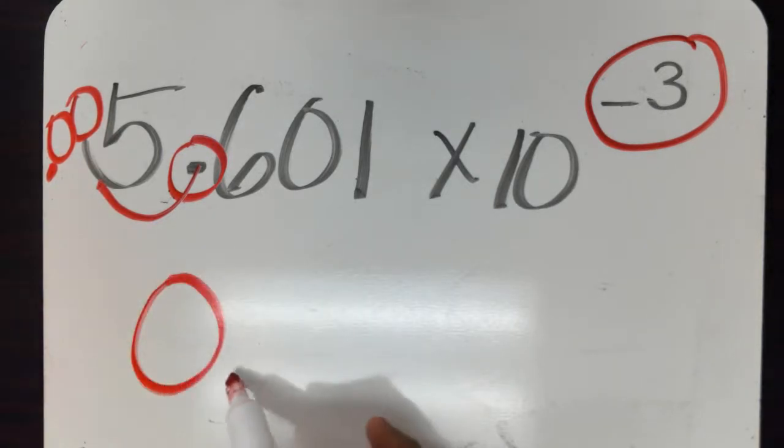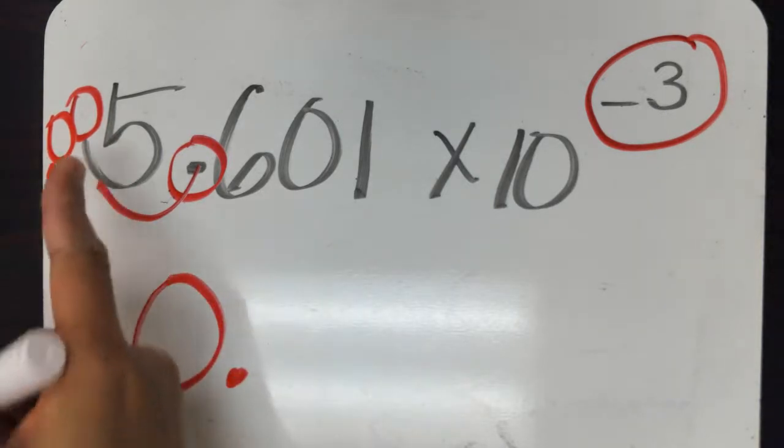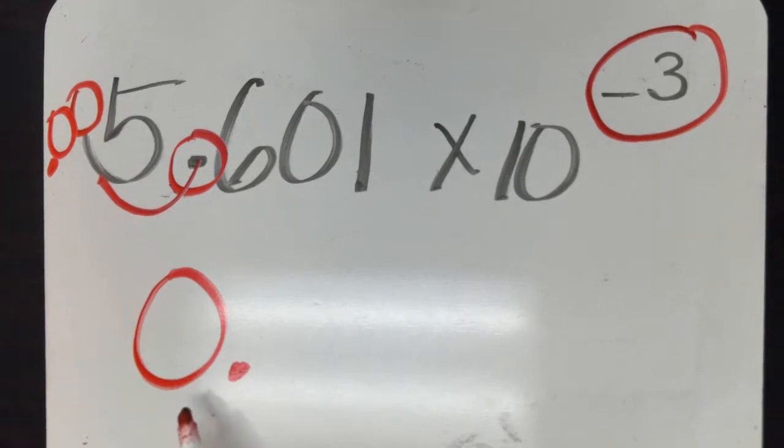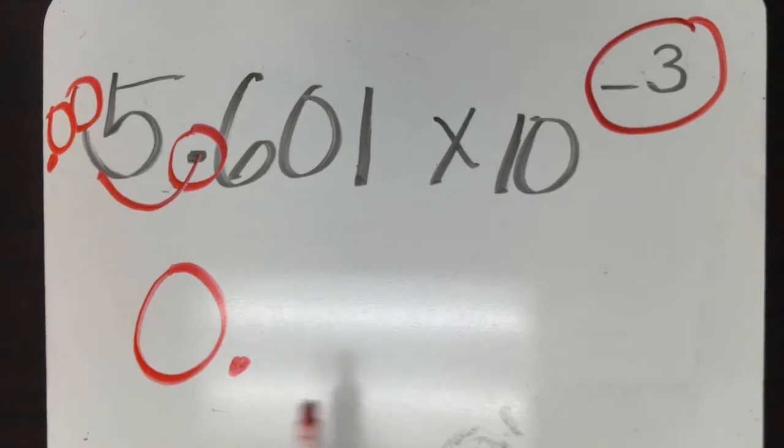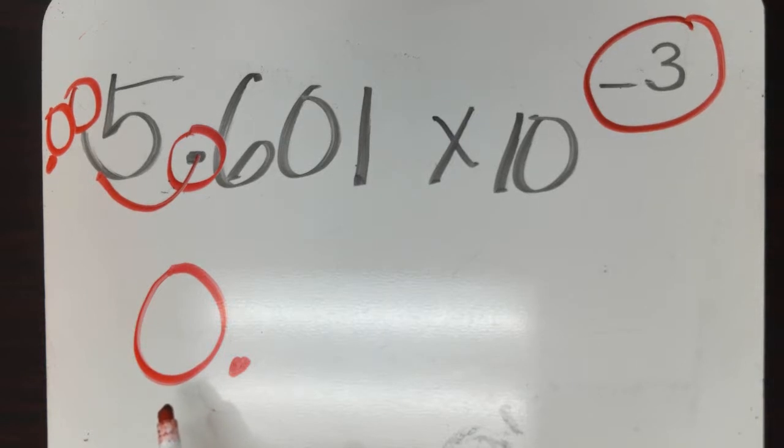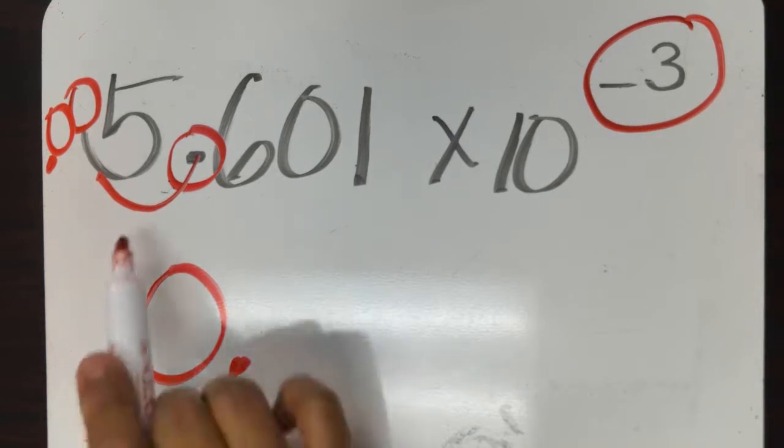This 0 is not part of these two zeros here, but we write this beginning 0 just to emphasize our decimal point. This is the way we write very small numbers. Always begin with that 0 if your value is less than 1, such as this case.